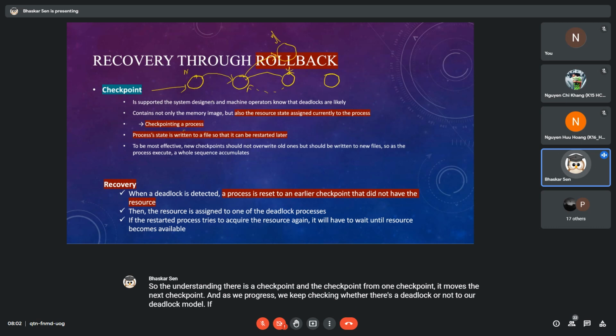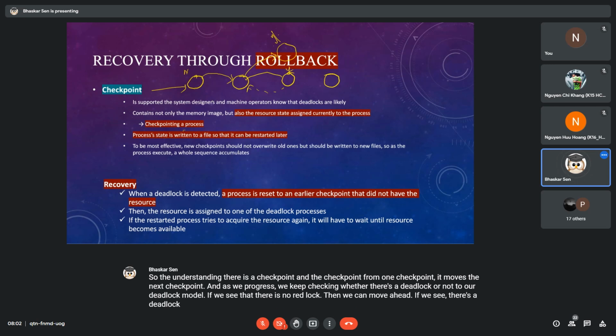If we see that there is no deadlock, then we can move ahead. If we see there's a deadlock, then we roll back to an earlier checkpoint.